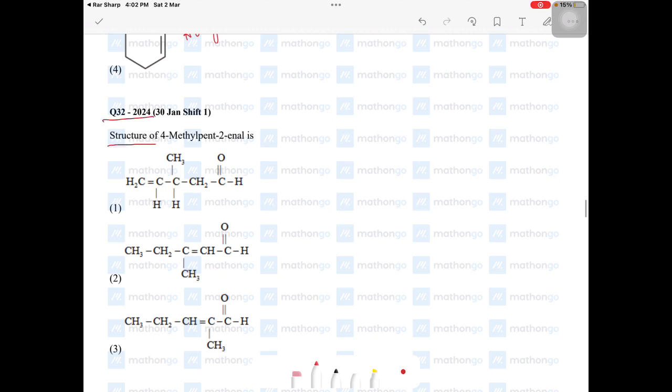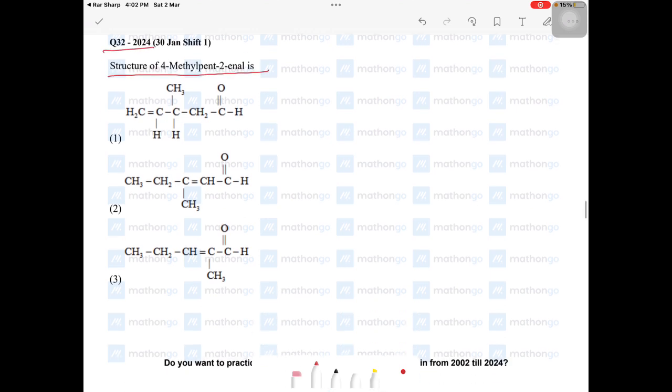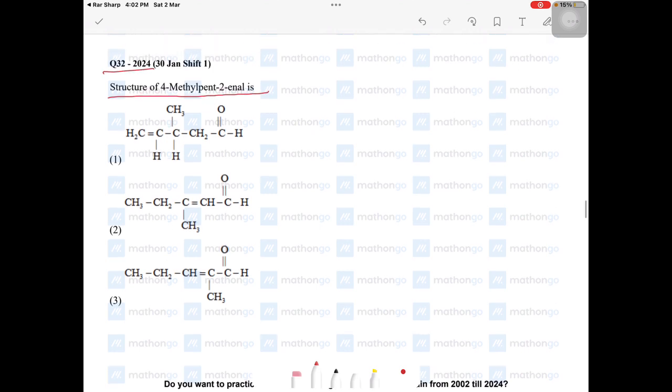32. Structure of 4-methyl pent-2-enal. Pent means 5 carbon atoms. Al, double bond, OH, aldehyde. 4-methyl, at 4th carbon methyl group. 2-ene, at 2nd carbon double bond.